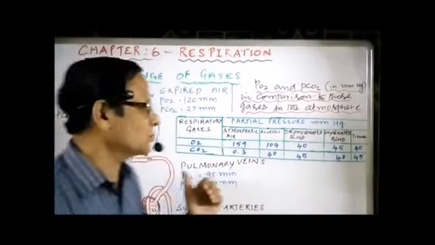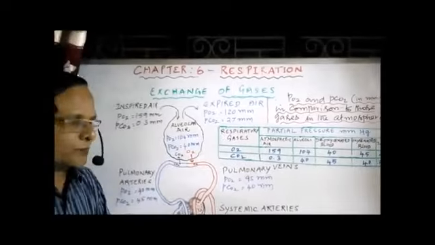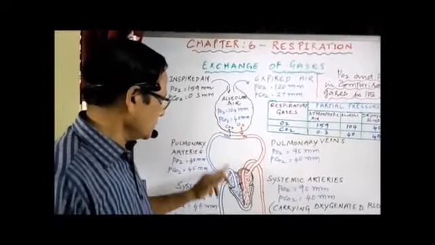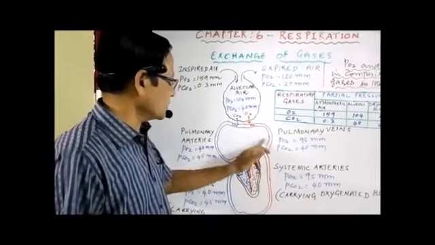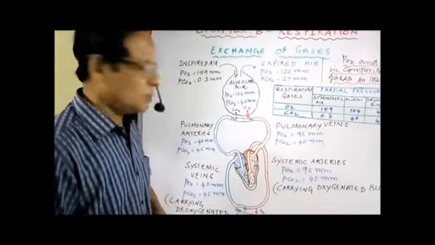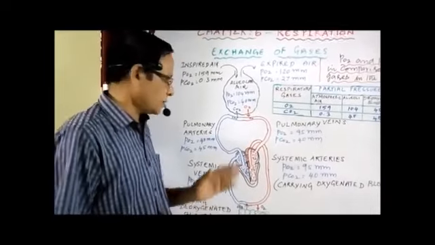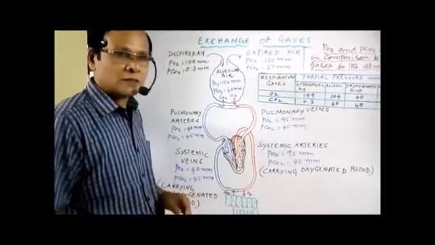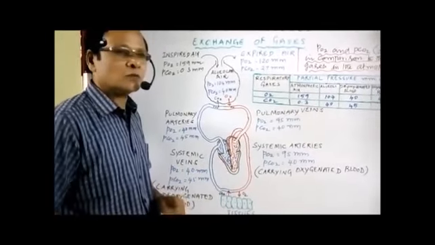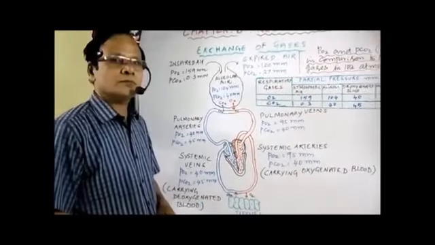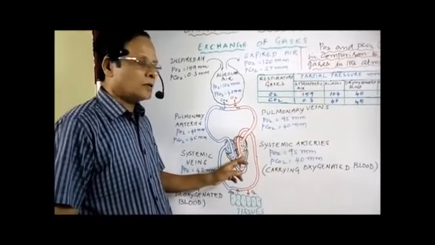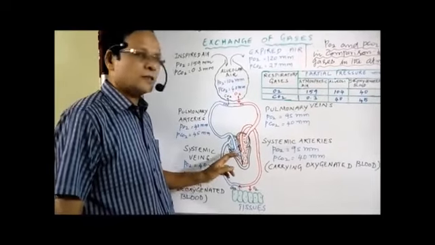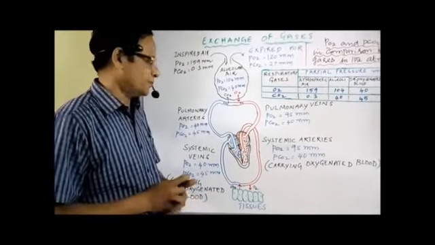Now coming back to the process of exchange of gases. We are taking, for example, unit number 1 alveolus, unit number 2 heart and unit number 3 the circulation. The heart has a left side and a right side. The blue color indicates the right side of the heart and the red one indicates the left side. The left side of the heart is filled with oxygenated blood and the right side is filled with deoxygenated blood.